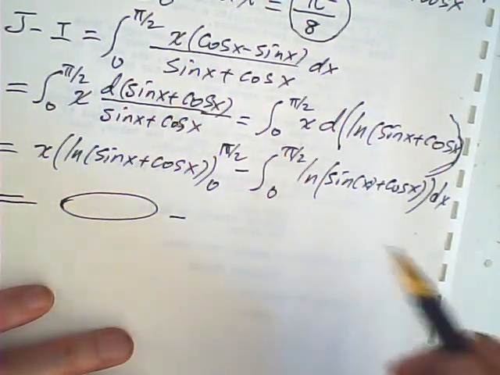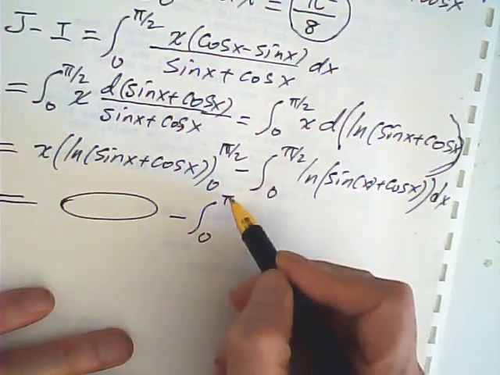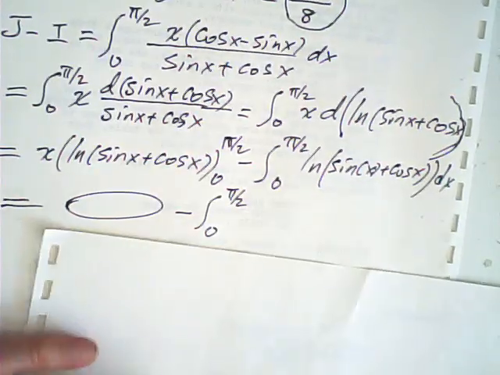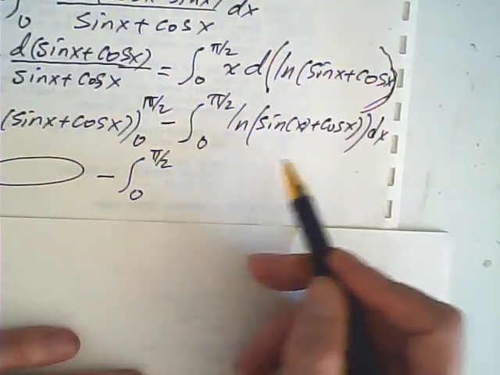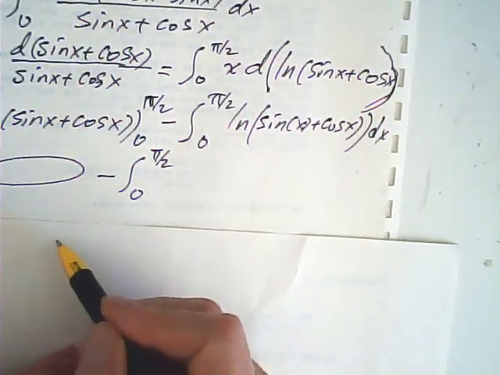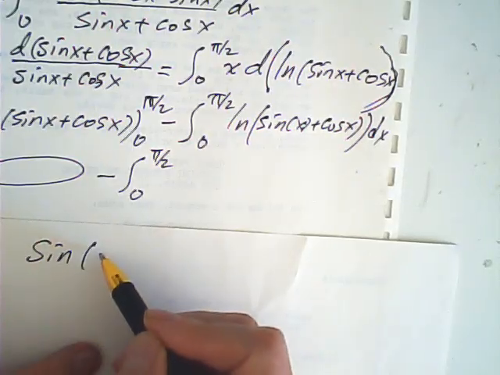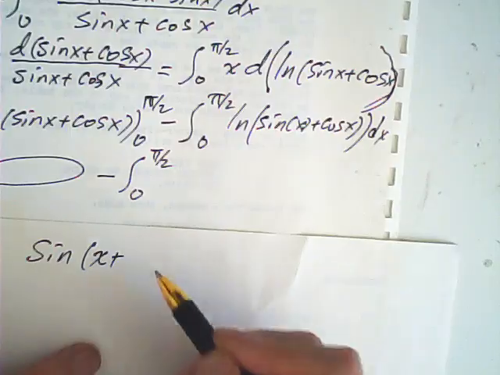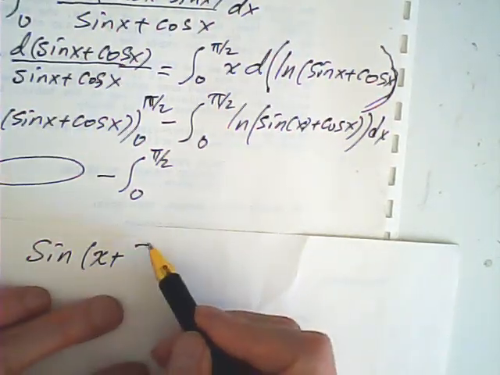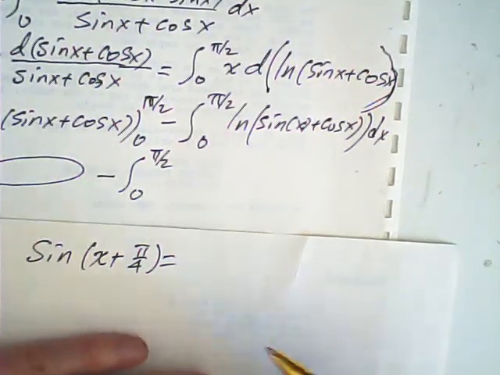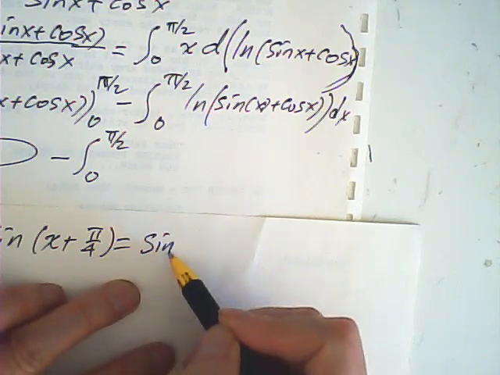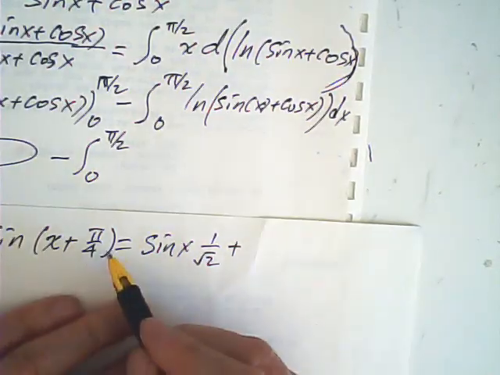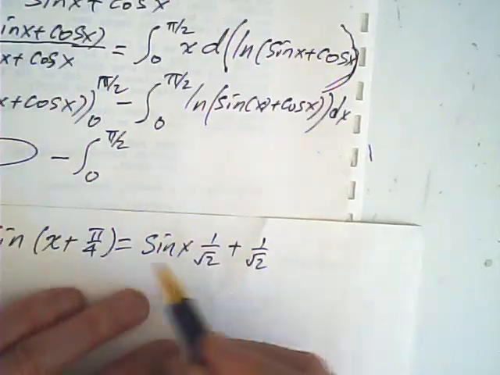And the minus integral from this. Now here, for this integral, the sine of x plus a quarter pi will be equal to sine x times cosine quarter pi, which is 1 over root 2, plus sine quarter pi, which is 1 over root 2, times cosine x.